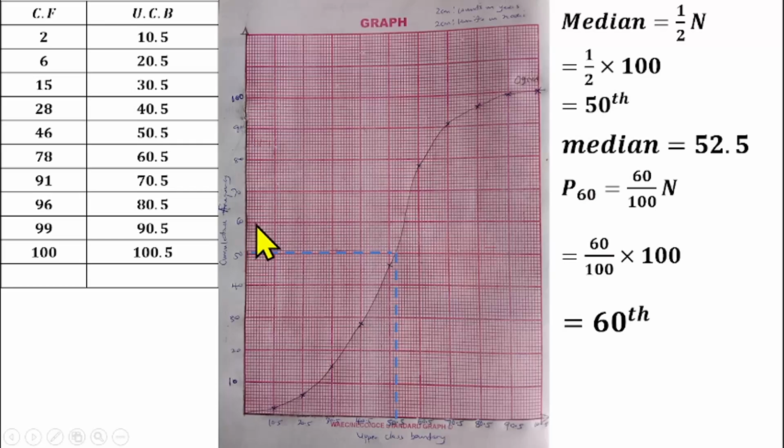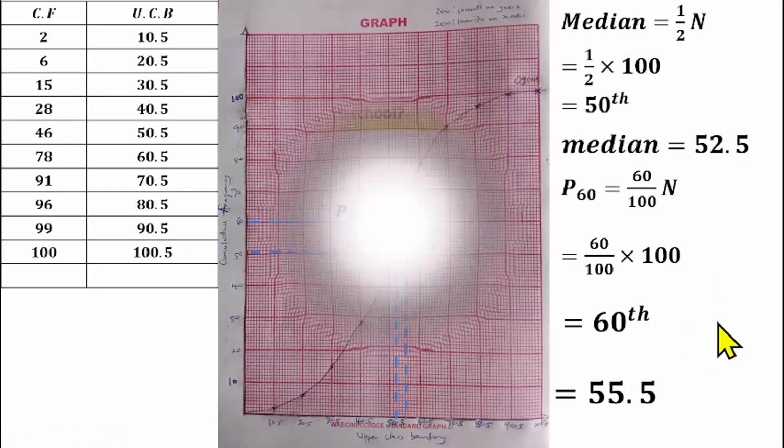Go to your graph at 60, draw a straight line there, and where it cuts the curve, bring it down and read the value on the upper class boundary. This is the P60, and this is the median. When you read this, I think it's on the 5th line there, that will be 55.5 as the 60 percentile. So that's the end of the solution for question number 8.